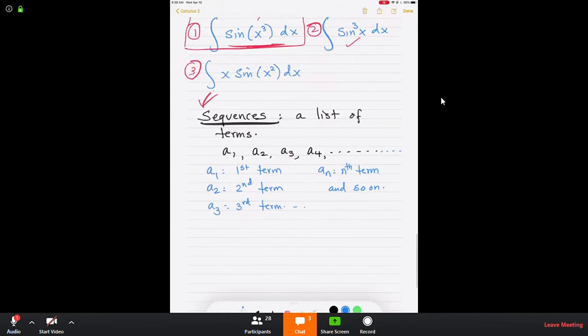So usually we write a sequence using the notation an, but when we use that notation, it is understood that n goes from 1 to infinity, meaning n is just an integer.